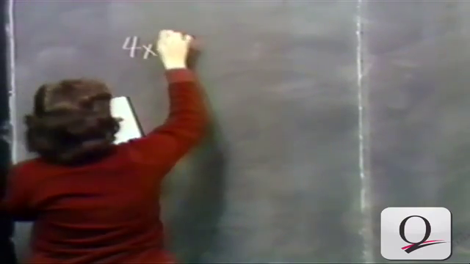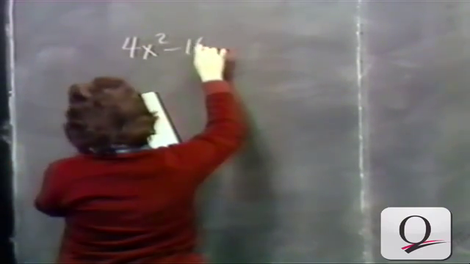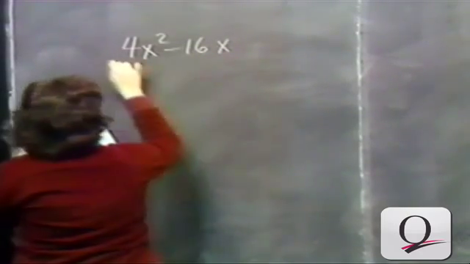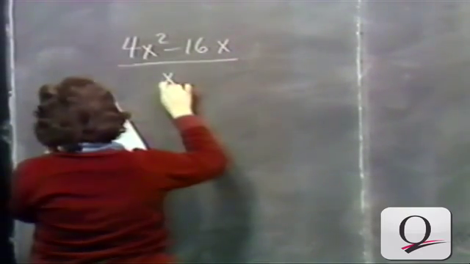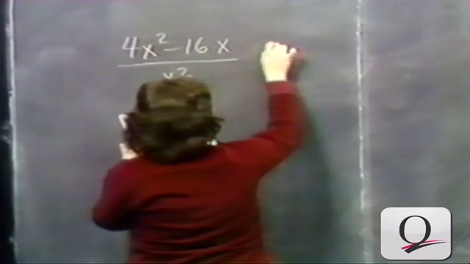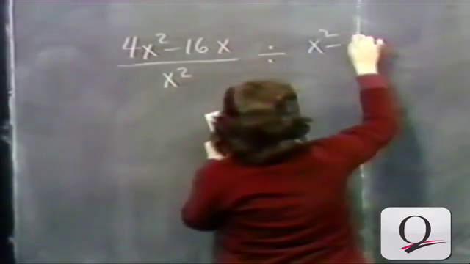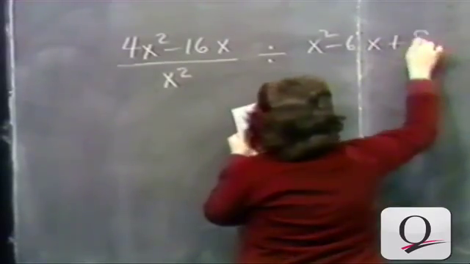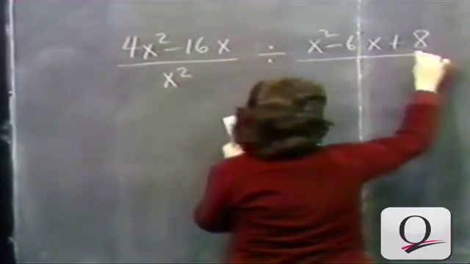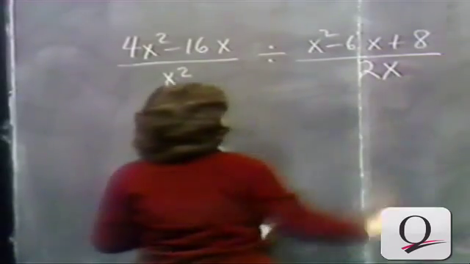4x squared minus 16x over x squared, divided by the fraction x squared minus 6x plus 8 all over 2x.